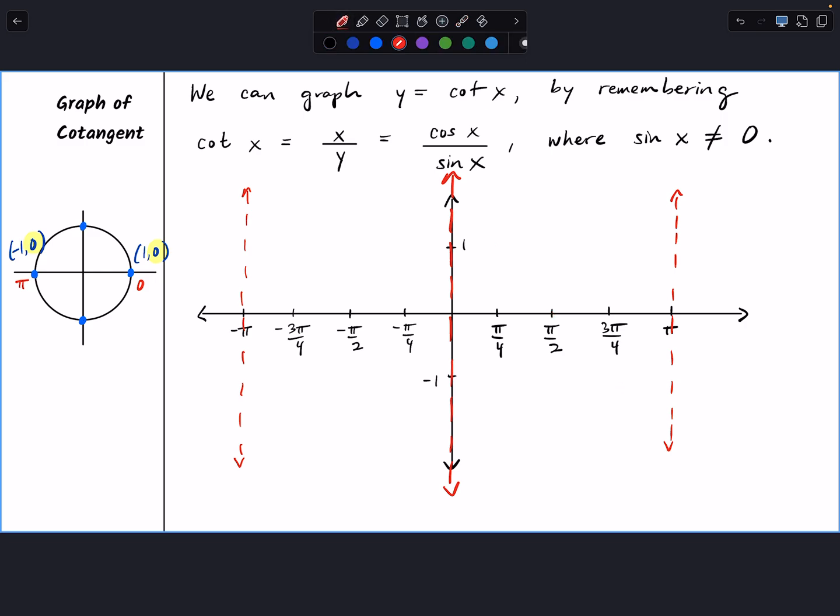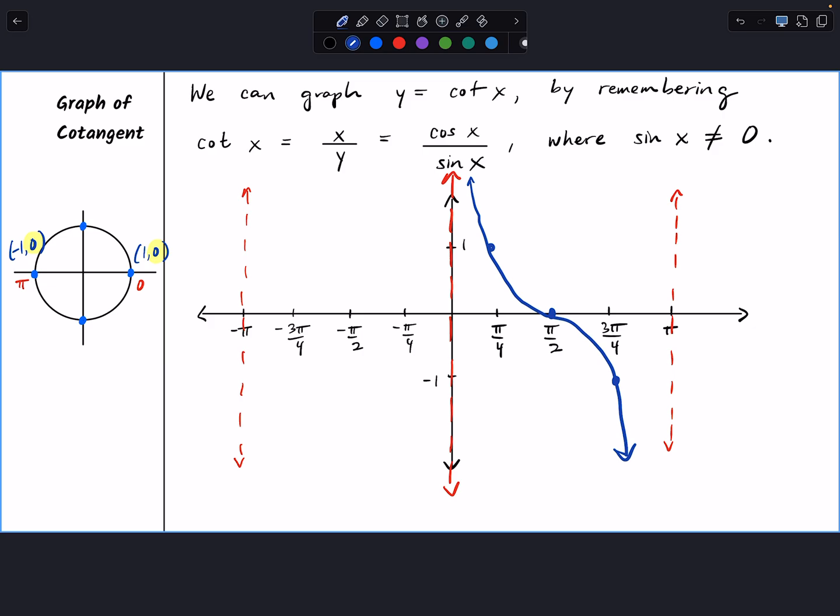So at pi over 4, we have 1, then 0, and then negative 1. And same idea, it's going to curve and look, if I can go through the points. Oh my goodness. This is embarrassing. There we go. So it looks something like that.